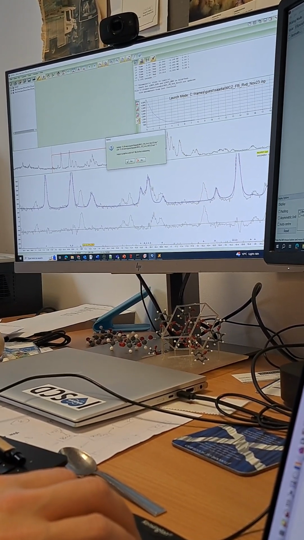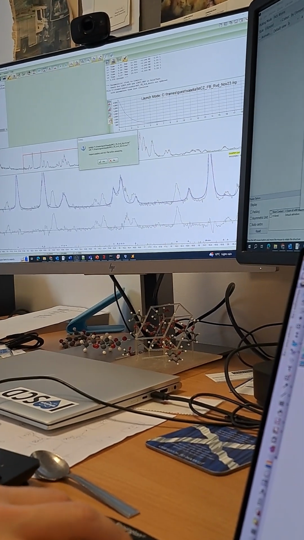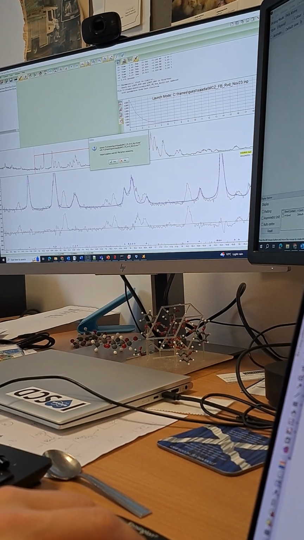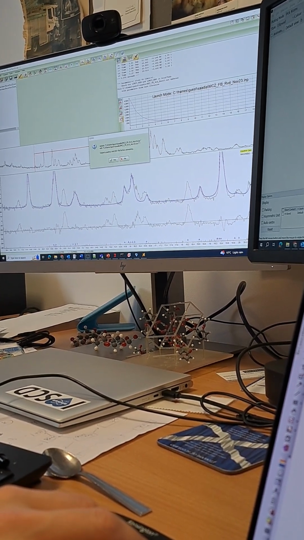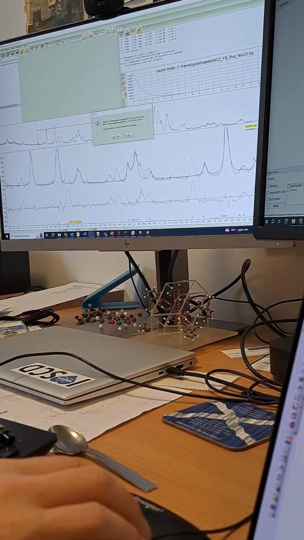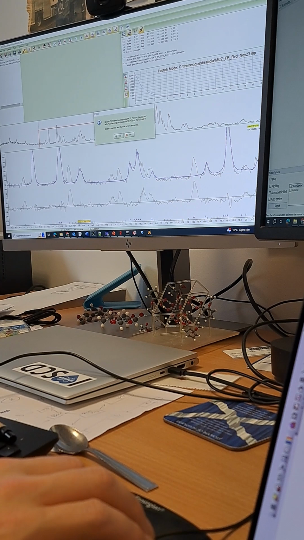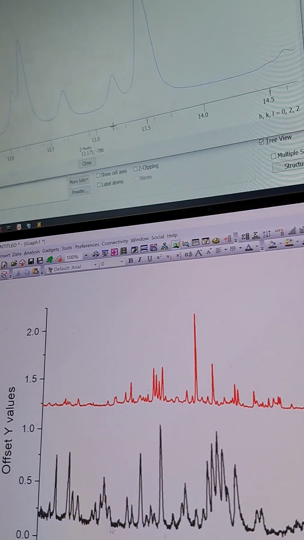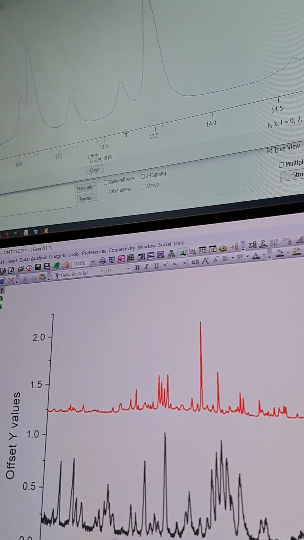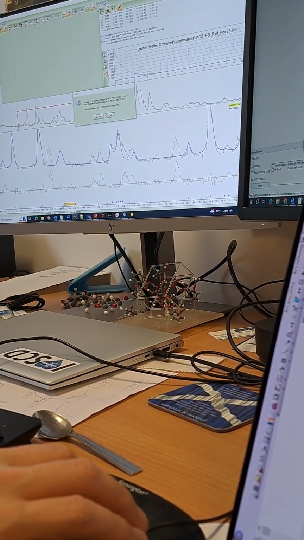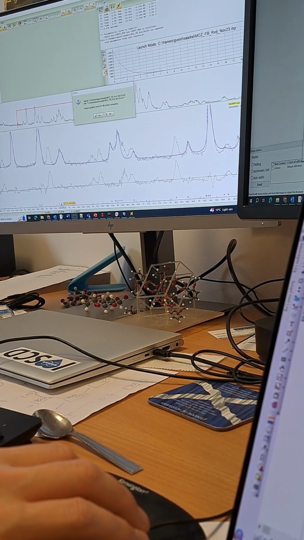The 102, so about 13 degrees. 13.2 degrees, we are looking at the 020 or the 121. 022. Yeah, so you can see we've pushed that way up here, which I think is possibly a bit beyond.